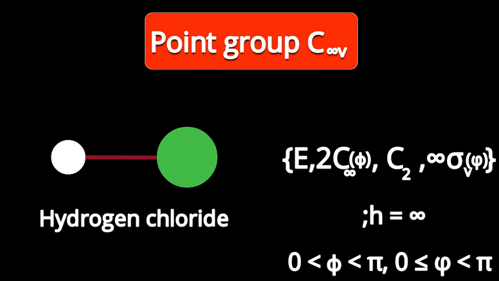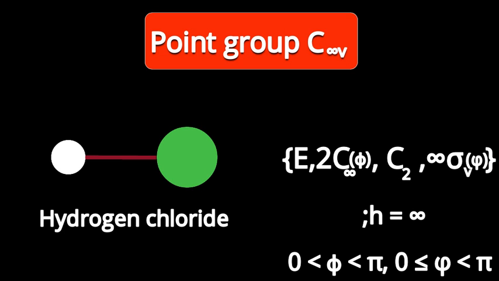But we need to consider π at least one time. Therefore, after C∞ with variable φ, I represented the C2 operation. That C2 operation is a part of the C∞ operation. Separately it is represented, and this is a convention.